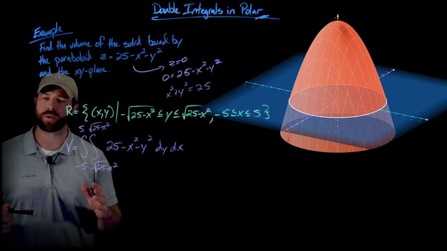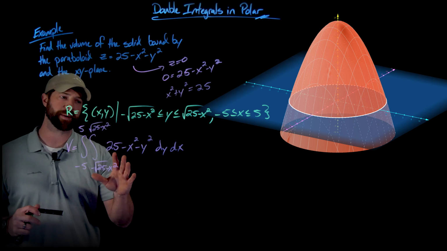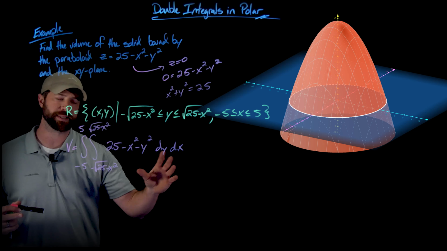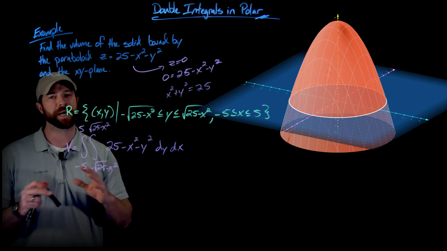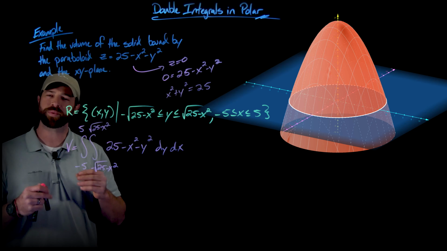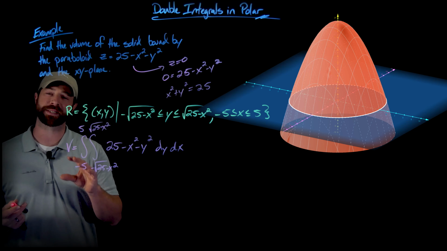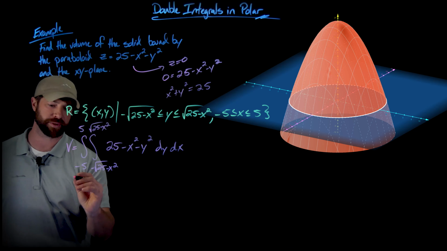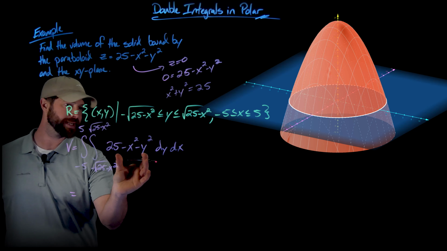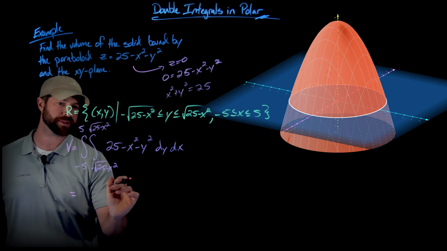And again, that's all old news. We know about setting this up. I'm going to go fairly quickly through these next two steps, because I'm not going to evaluate it this way. I just want to show that it gets very difficult to actually perform this integration if we stay in rectangular coordinates. But let's first integrate this expression with respect to y.